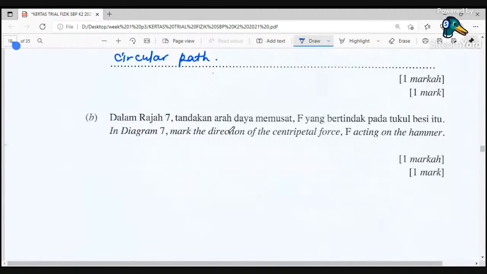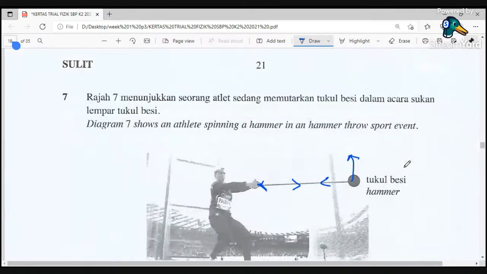Okay, diagram 7, mark the direction of centripetal force acting on the hammer. So you just mark for centripetal force. So I rub off another symbol here. So this one, yeah, centripetal force.